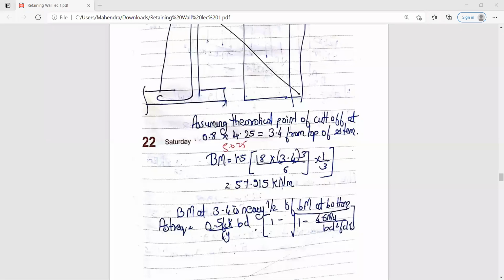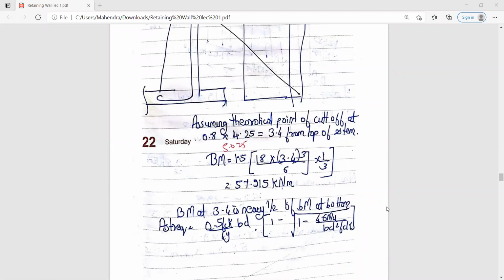So we get the bending moment as 57.915 kilonewton meter. And after getting the bending moment, the bending moment at 3.4 will be nearly half of the bending moment at the bottom. So for the bottom, what bending moment did we get? For the bottom we got a bending moment of 190.